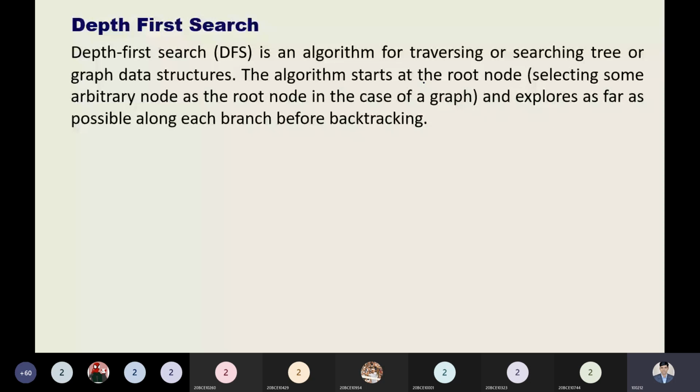Please keep in mind, it starts at the root node, selects some arbitrary nodes, also known as intermediate nodes, as well as a root node in the case of a graph, and explores as far as possible along each branch before backtracking. So backtracking will not be allowed here. It means before starting the backtracking, all the nodes must be visited. Though there is no guarantee of all the nodes.